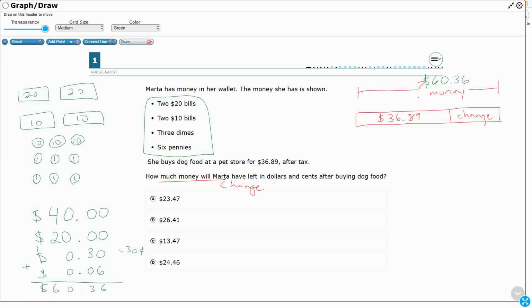Marta buys, including tax or after tax, it's going to be a total of $36.89. How much money does she have left? Now we subtract. So let's do $60.36 minus $36.89. We're going to have to regroup multiple times.